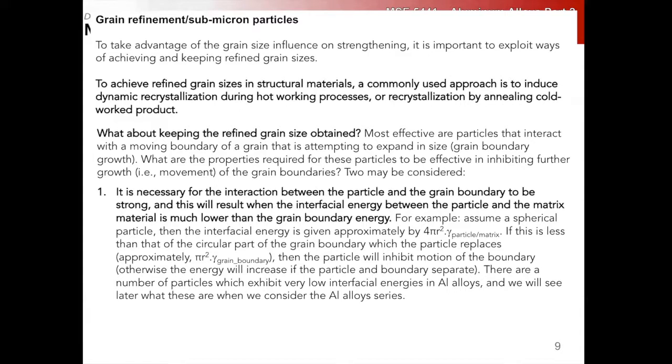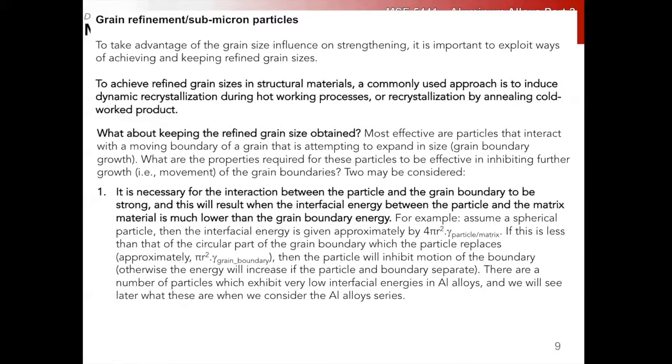It's not super important for this, but we need to keep the grain size refined. So it doesn't do any good if we can make a small grain size by severe plastic deformation and then have the grains just grow as soon as we anneal it. We want to keep the grain size small.